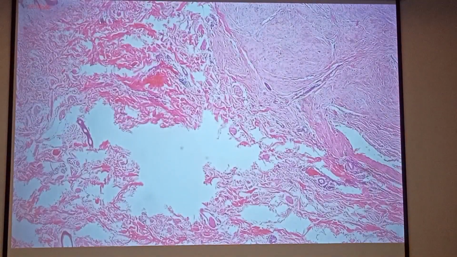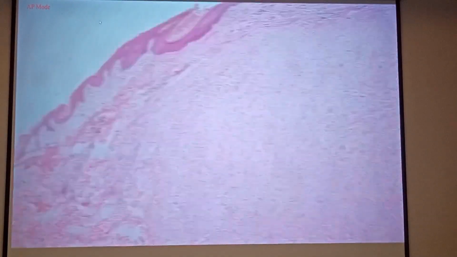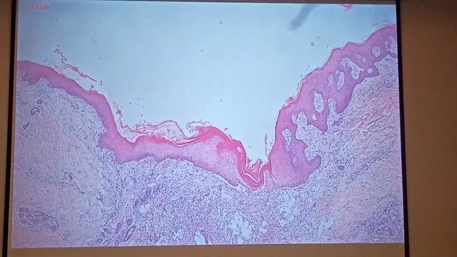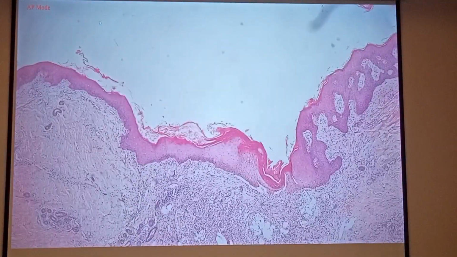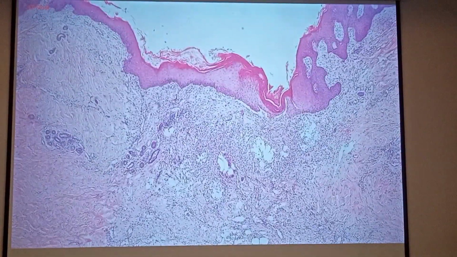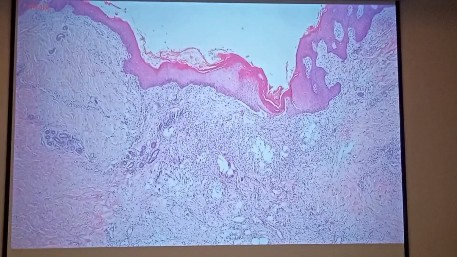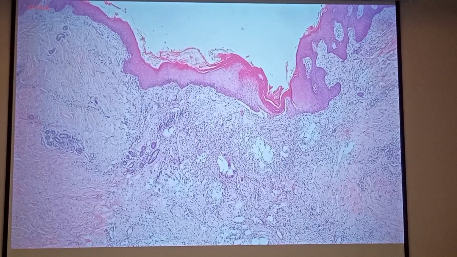What about this? This is two tissues. One right here and the other right here. So I think this one is wound healing. Yeah? And there is, what do you call this? Reconstruction of the skin on top.